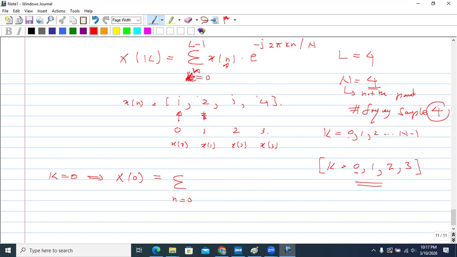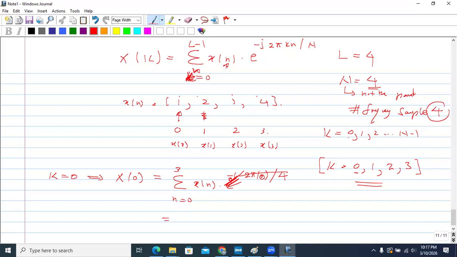The length is 4, so 4 minus 1, that is up to 3. x(n) e to the power minus j 2π k n divided by N. K is 0, and N is 4, the number of samples. So this is multiplied by 0, so e to the power 0 means the whole term has no effect.